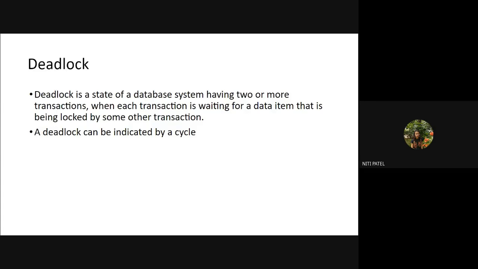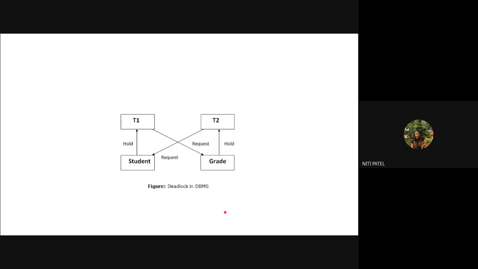So now what can be a deadlock in transaction processing? Any idea? T1 wants a resource which is exclusively locked by T2, and T2 wants a resource which is exclusively locked by T1.